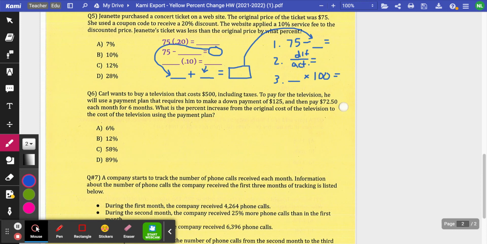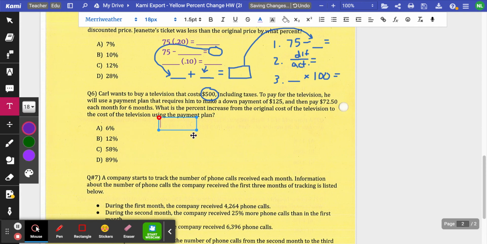It looks like the original cost is $500. So here's the original cost. And then over here, you would have to figure out what he had to do. So he had to put this down, 125, plus he had to do 6 payments of $72.50, so you'll have to times that by 6.